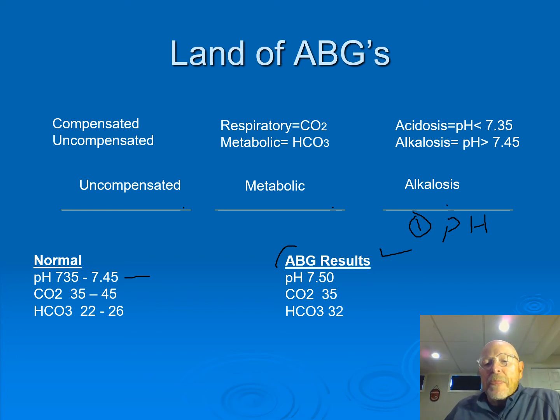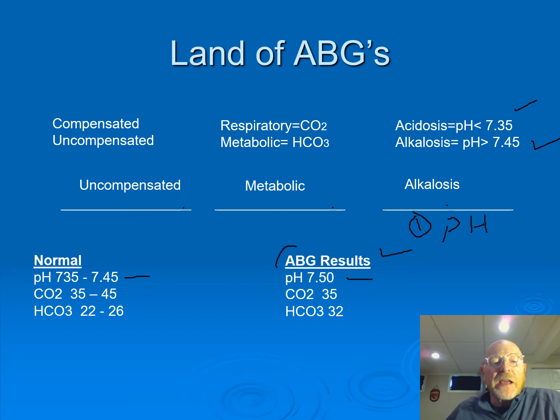If the pH is less than 7.35, our last name will be acidosis. If our pH is greater than 7.45, our last name will be alkalosis. In this situation, with a pH of 7.50, it's greater than 7.45, so our last name is alkalosis.